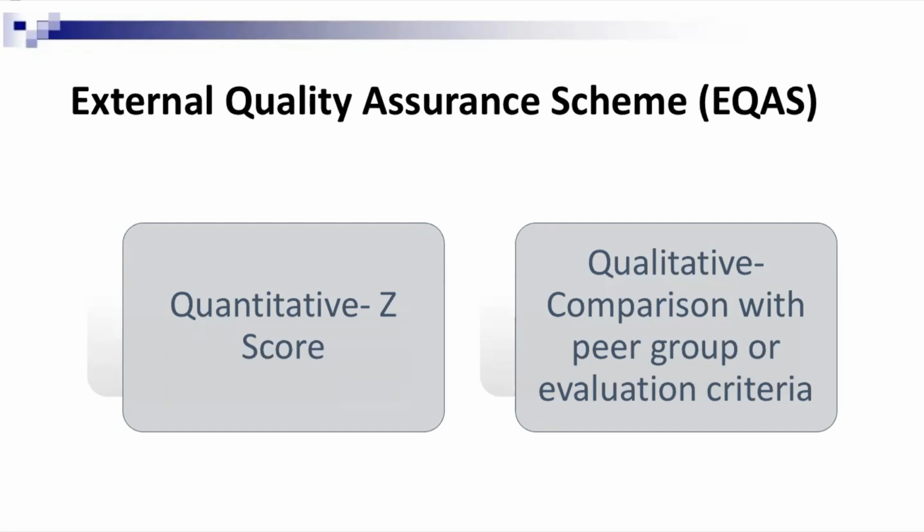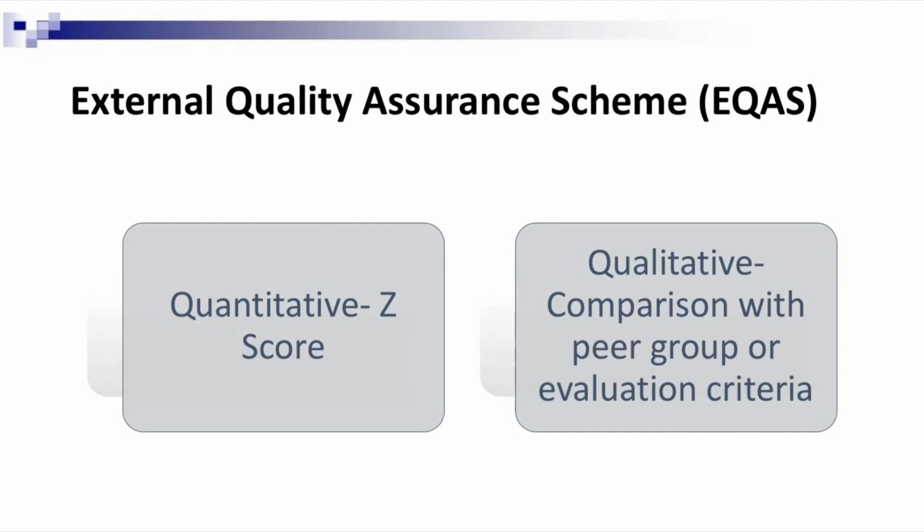In qualitative EQAS, we go by the majority. To consider a qualitative EQAS effective, whatever result the EQAS provider is getting, at least 75% should be in favor of one particular diagnosis.